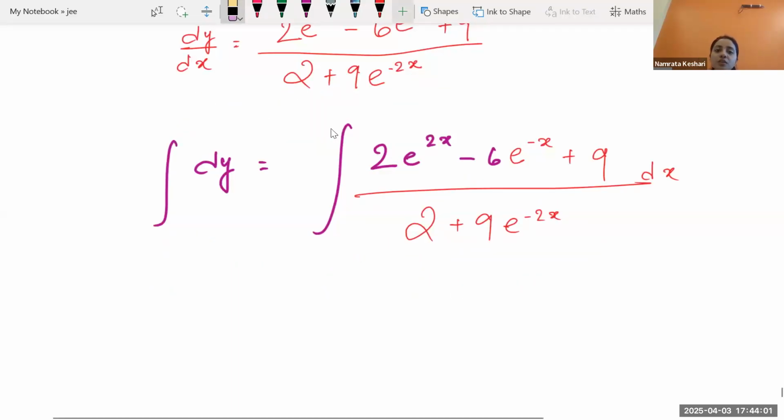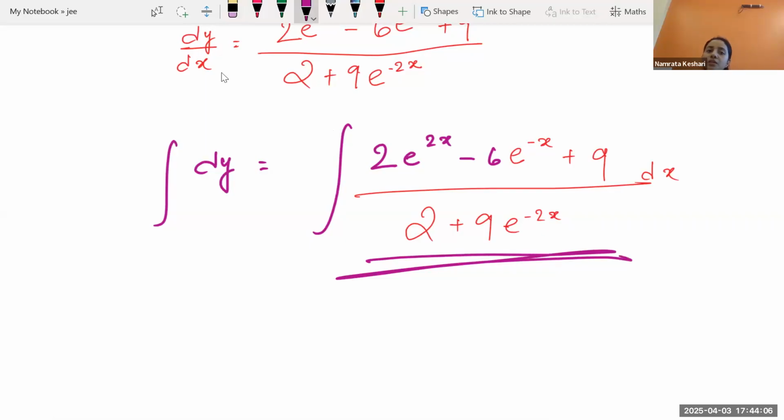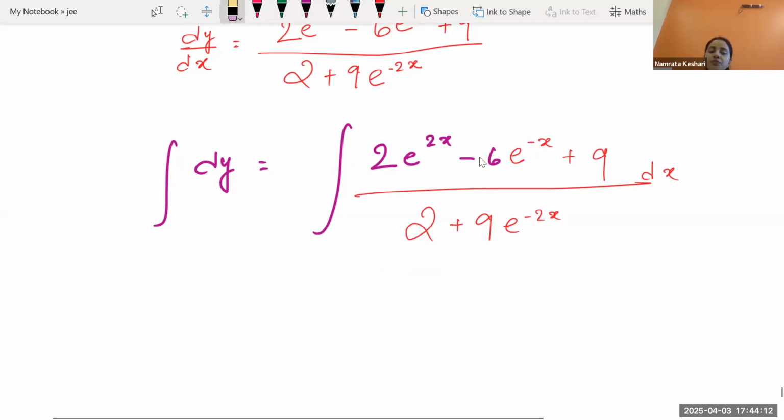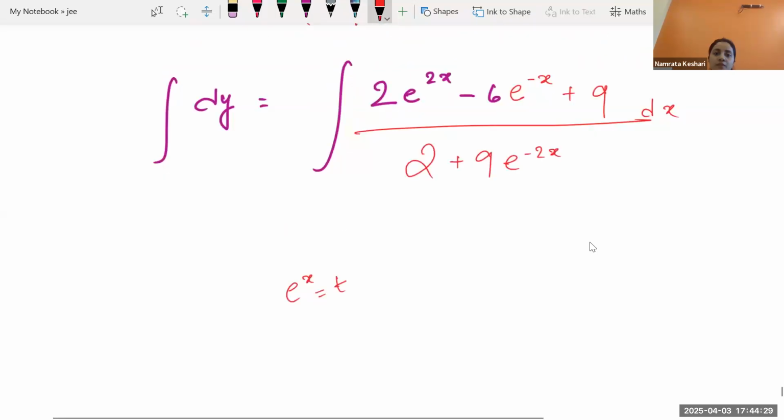If we focus on this integration, let's see what can be done for doing the integration of this one. At first, I will take e to the power x as t, but for now, are you noticing this and this one?